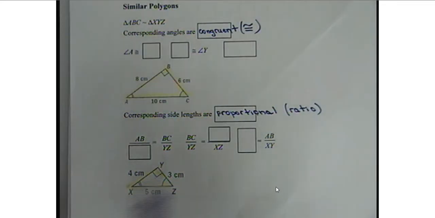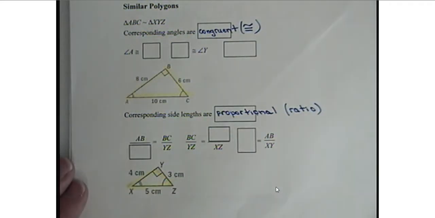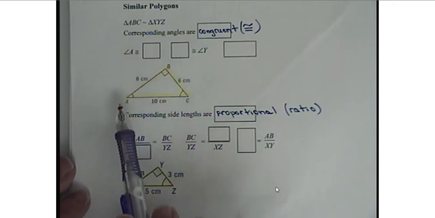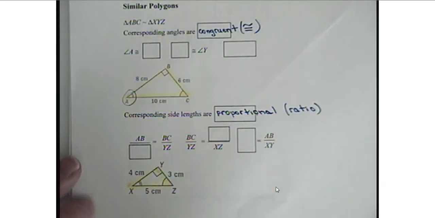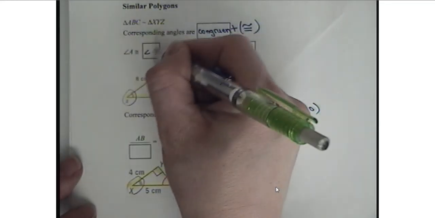If we have angle A, and this symbol means congruent, which means that both angles will be equal to each other. So angle A from the first polygon will be congruent to angle X of the second polygon.